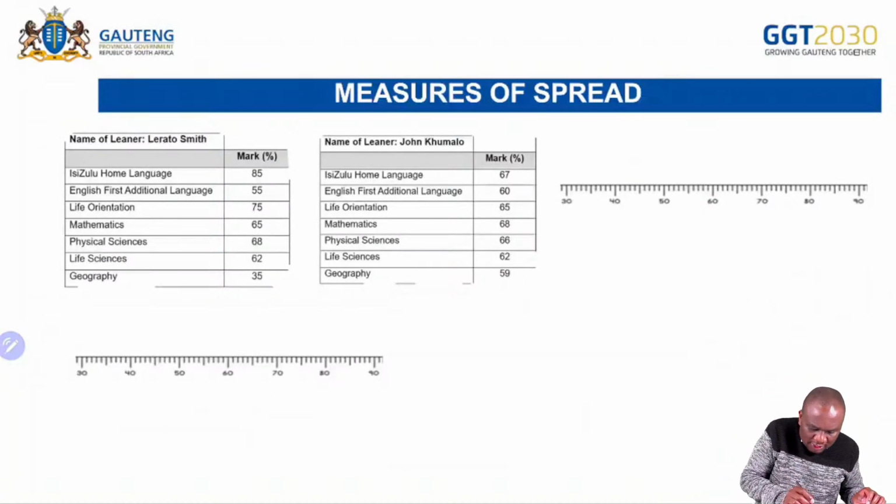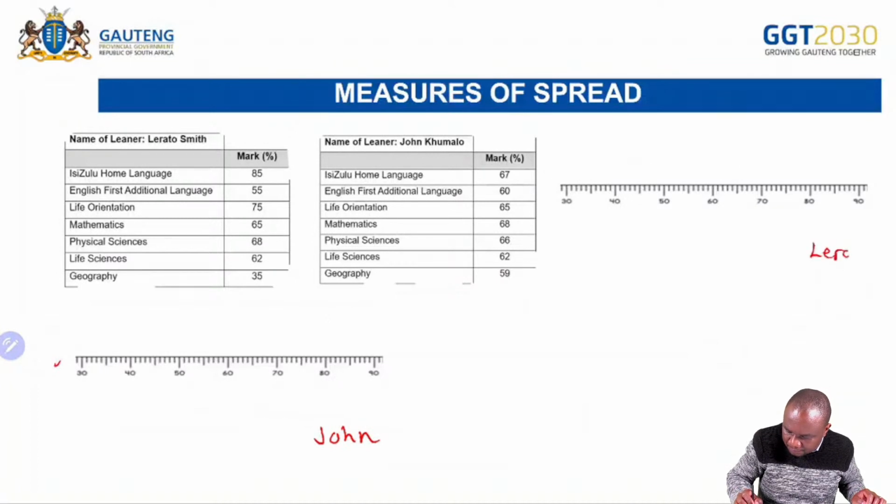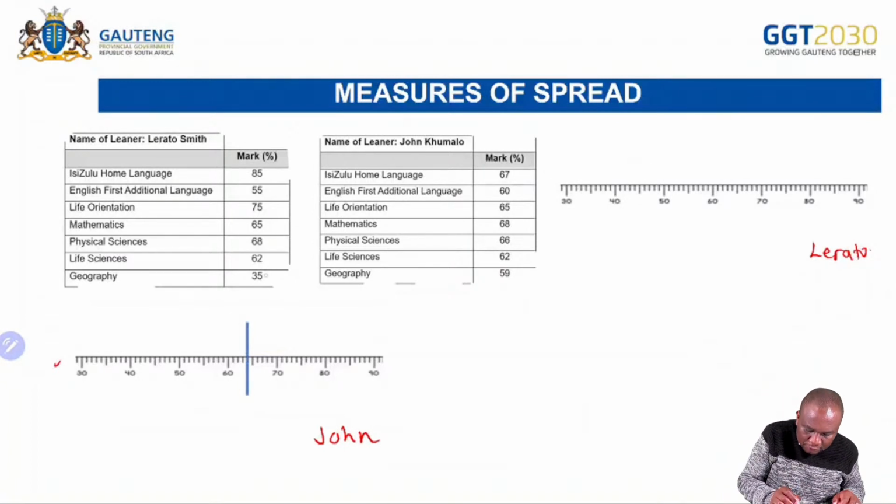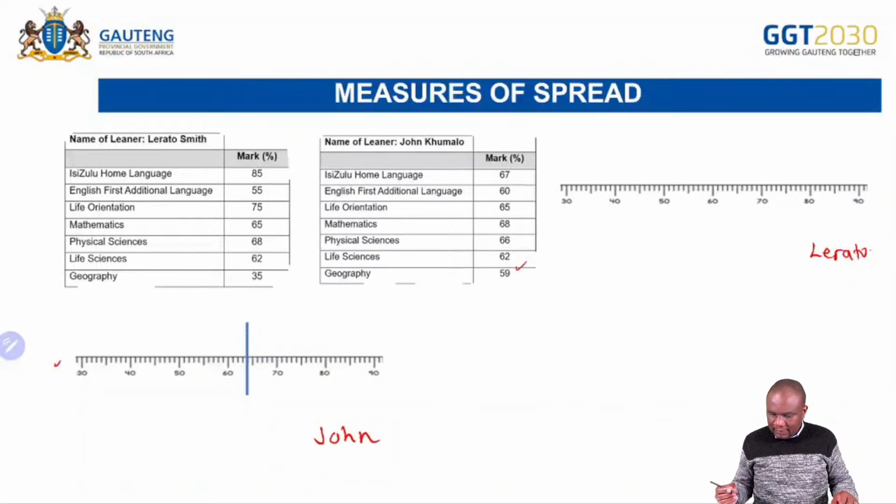This one is for John. Let me write John here. And then this one's for Lerato. Where is the mean for John? 64%. Now, the minimum mark for John should be 59.